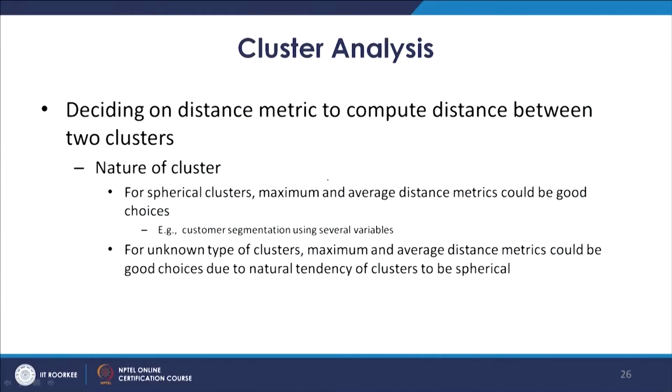If we are doing distance computation using a number of variables, the natural tendency of clusters is to be spherical, and because of this the maximum and average distance metrics could be found to be more suitable. So, these were some of the points which could be helpful in deciding which metric is going to be useful for different kinds of situations.